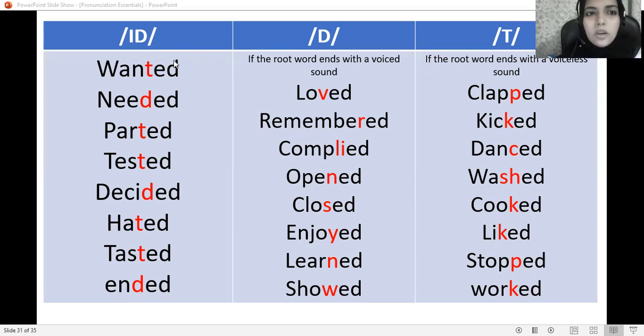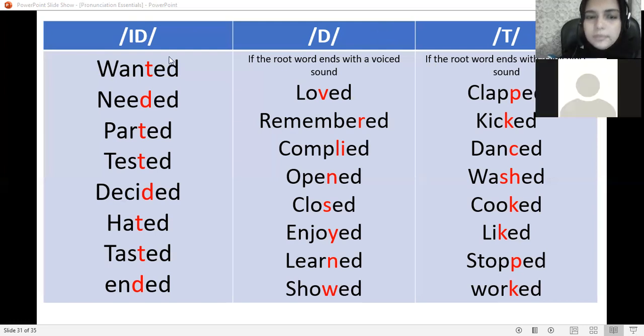Read the ed column. Okay. Wanted, needed, ported, tested, decided, hated, tested, ended.